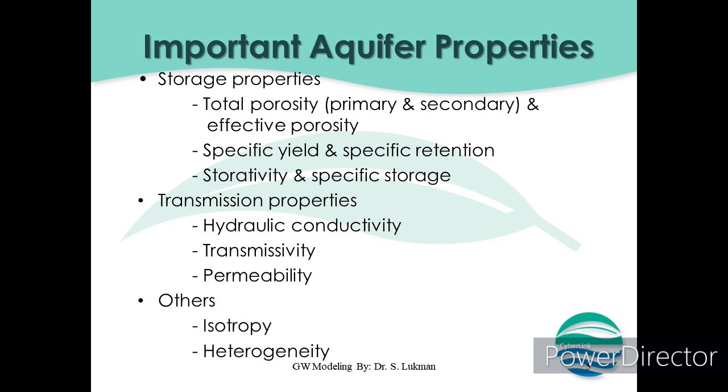And then we have the specific yield, specific retention, storativity, and specific storage. All this you have done in REN 503, and then even here probably 701 or whatever you call it at the MS level. Okay, but still we will go down and just brush over.